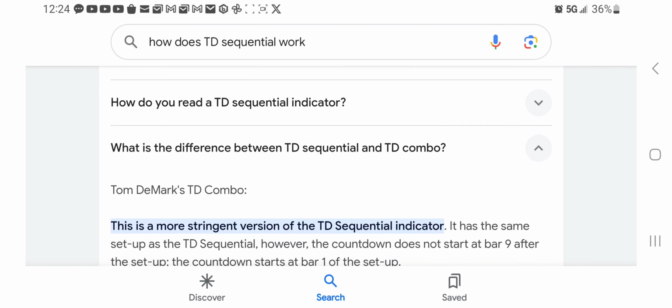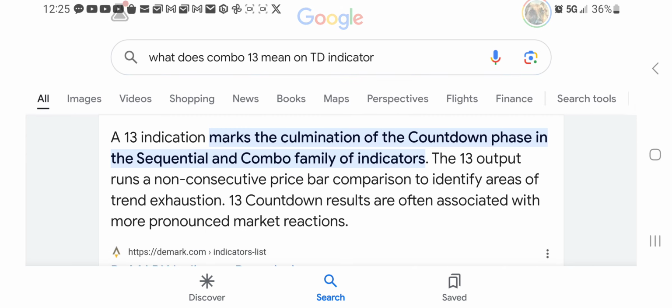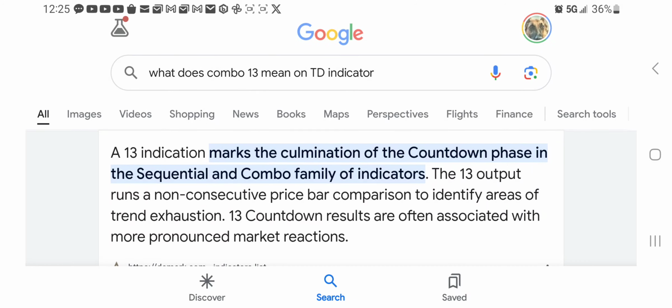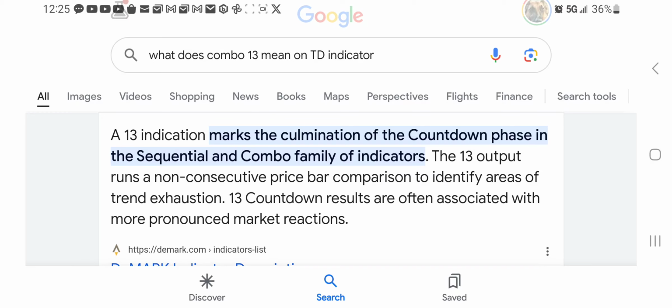I mean, it is available, but it's not on my indicator. According to DeMark Analytics, a 13 indication marks the culmination of the countdown phase in the sequential and combo family of indicators. The 13 output runs a non-consecutive price bar comparison to identify areas of trend exhaustion. So it says countdown results are often associated with more pronounced market reactions.